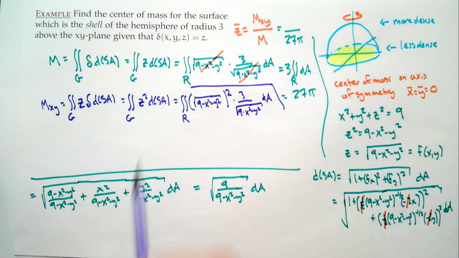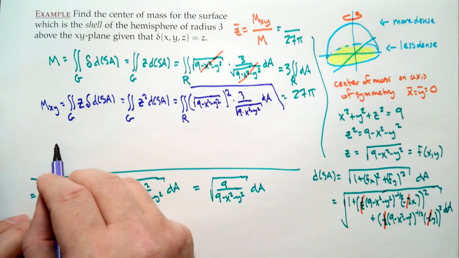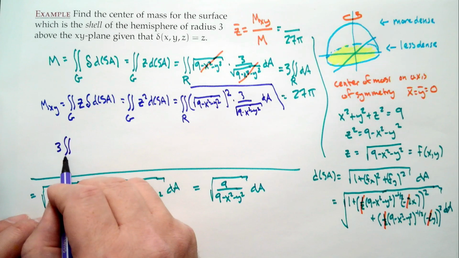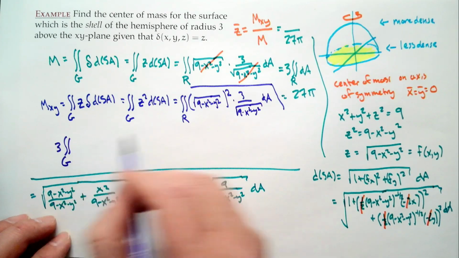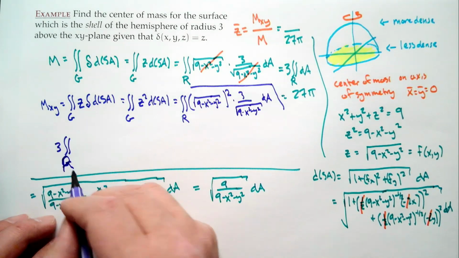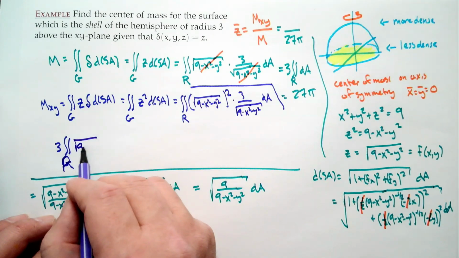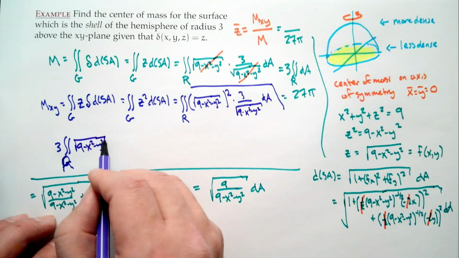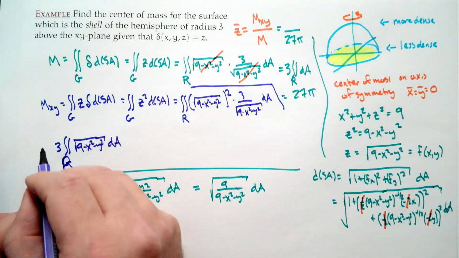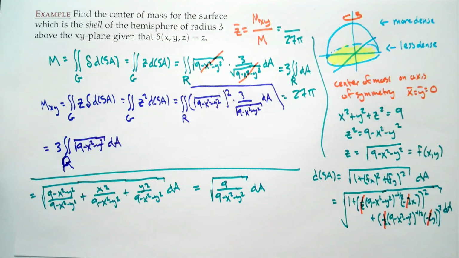I can pull the 3 out, because that's a constant. And then I can do the integral over this region, excuse me. We've already gone to the region. There's going to be 1 square root of 9 minus x squared minus y squared dA left. Okay, now we have something that we can integrate.